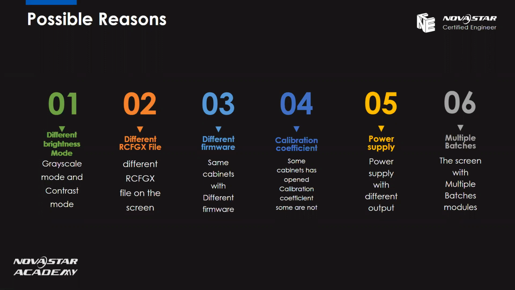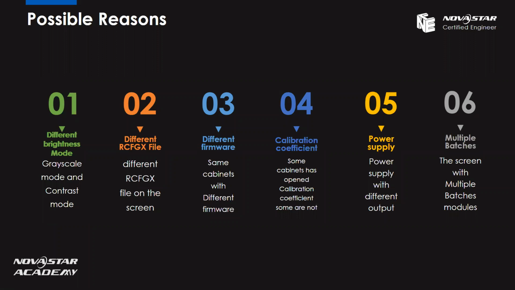And the third possible reason is different firmware. For one LED screen, all the cabinets should work with the same firmware. But maybe sometimes they don't. Some cabinets work with different firmware, and of course different firmware will cause different brightness.